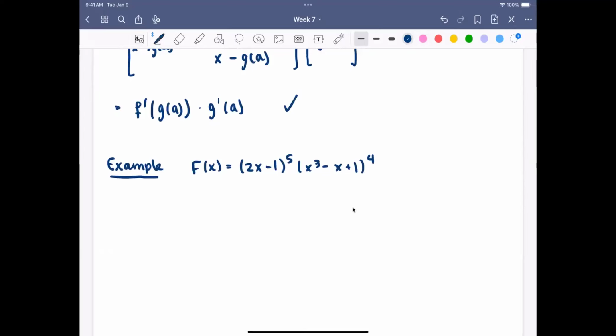So we have a product of two things, which are each a polynomial inside of a power. So out of product rule, chain rule, and power rule, which one do we need first?